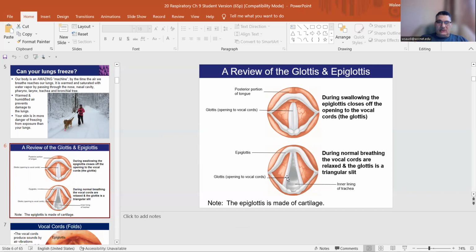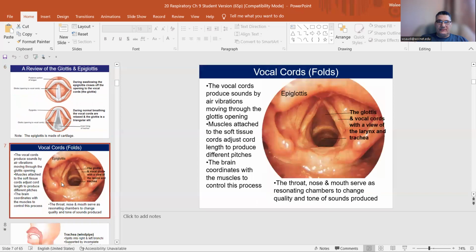You can open it so that air can move in, and you can close it, and you can stretch it and unstretch it in order to produce a sound. So these vocal cords are what produce the sound, and that's why, being in the larynx, we call the larynx the voice box.